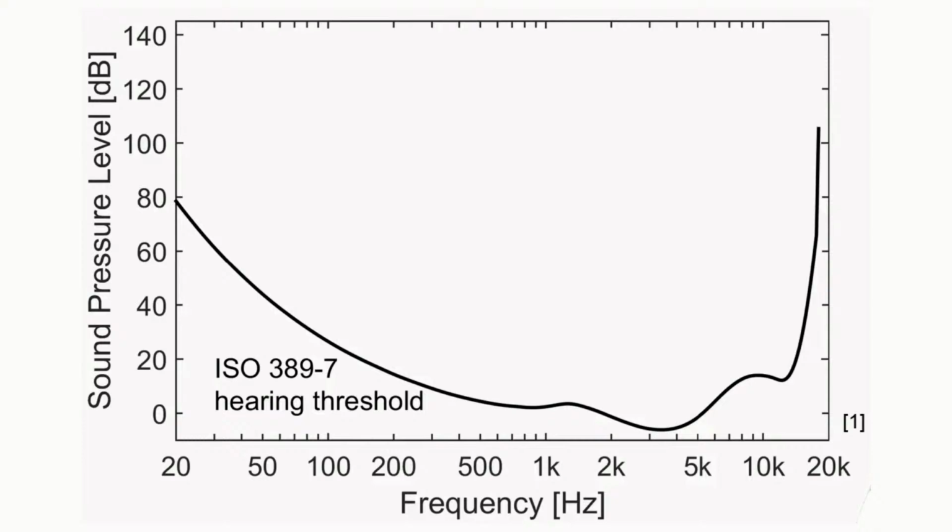The line that is plotted on this graph represents the threshold of hearing, or the quietest sound pressure level that can be heard at each frequency. It's measured by playing a tone for a listener at various levels and asking the listener to press a button when they can just detect that tone. Notice here that a very low frequency or very high frequency is required to be much greater in level in order to be heard when compared to a mid-range frequency.